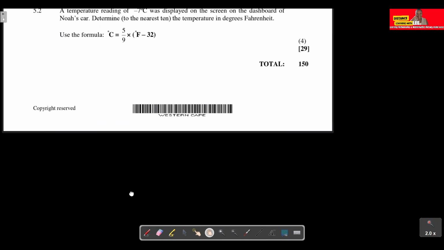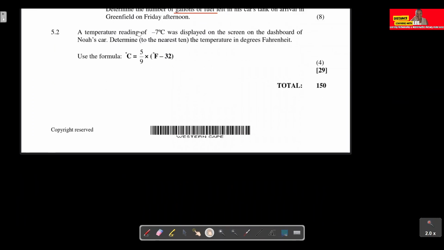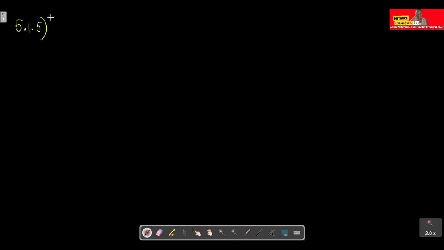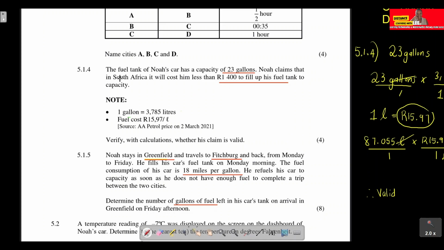I'm going to do this question here at the bottom, question 5.1.5. The first thing we know is that one full tank of his car is equal to 23 gallons. We were given this information, that the fuel tank of his car has a capacity of 23 gallons.